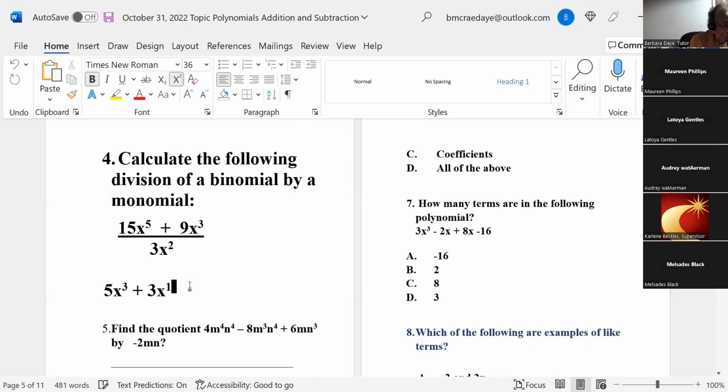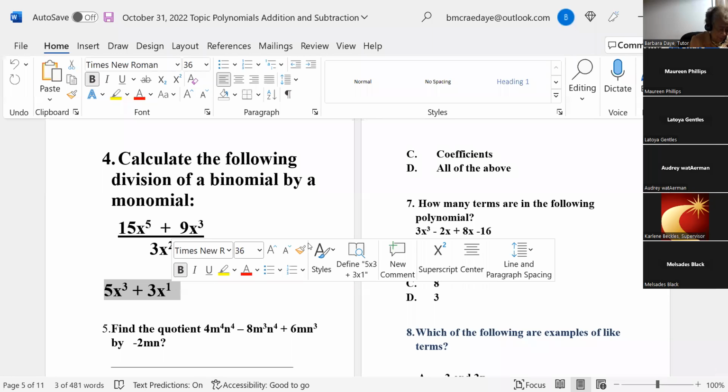You didn't have to put the 1. You could just put the x. That's the default. 3x is all right, that's the same as x to the 1.